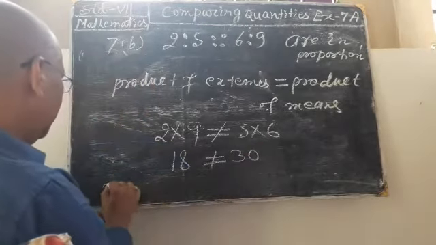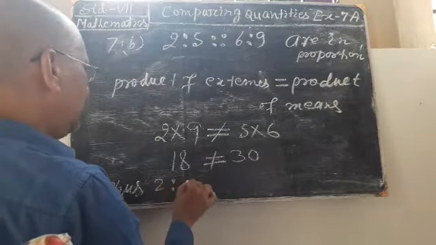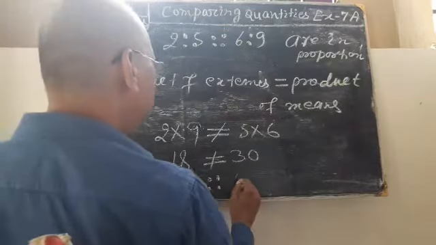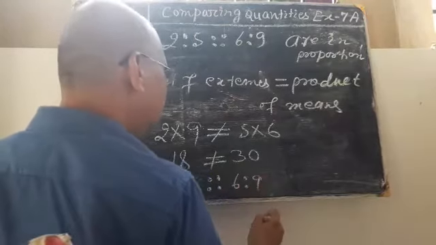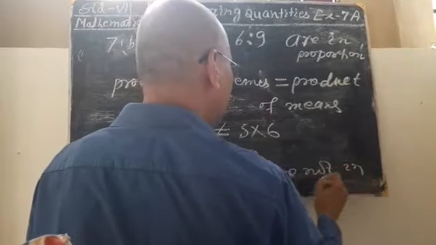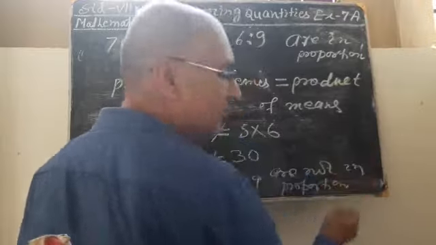That is why 2 is to 5, double is to 9 is to 6 are not in proportion.